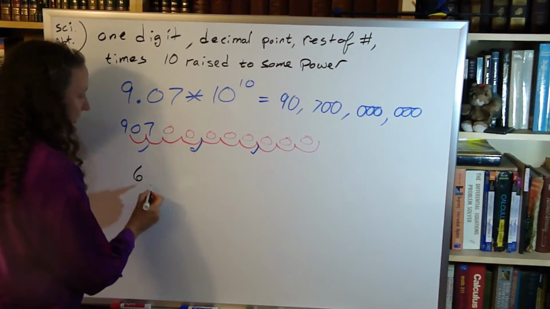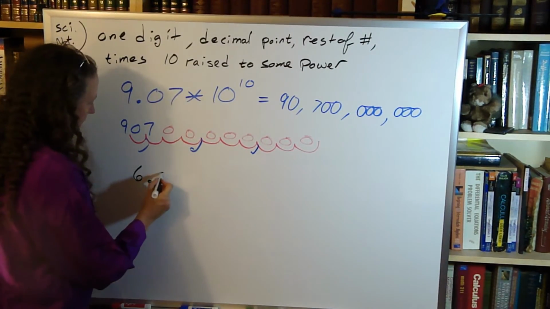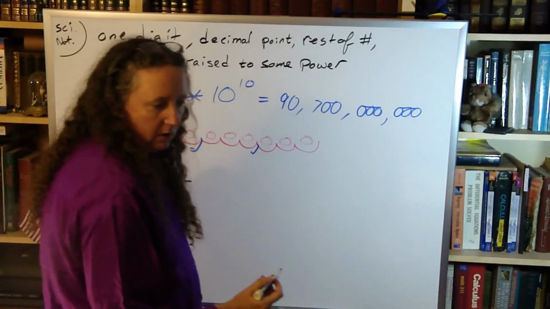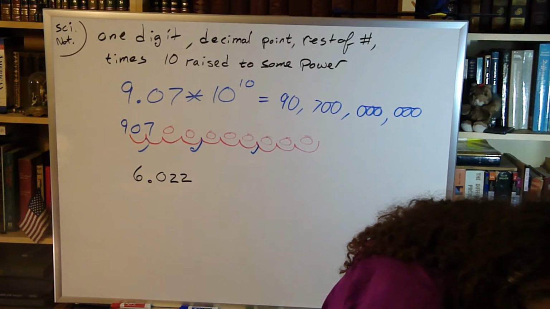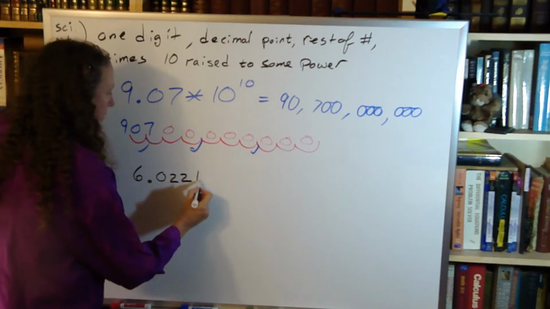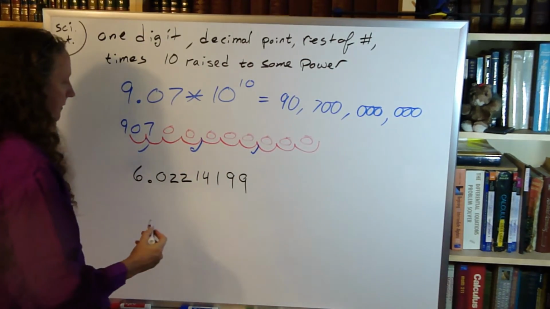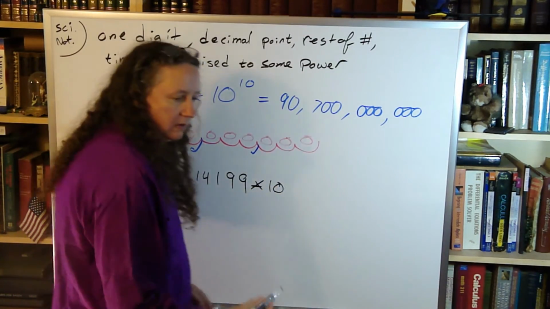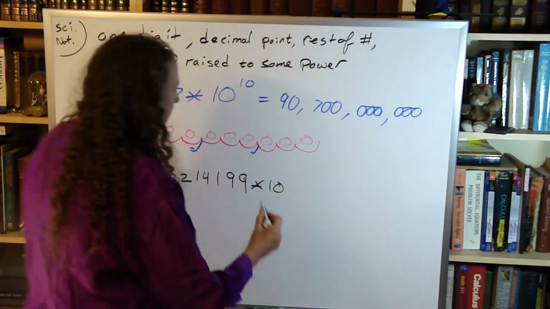So 6.022. I should have this memorized. 141199 times 10 to the 23rd.